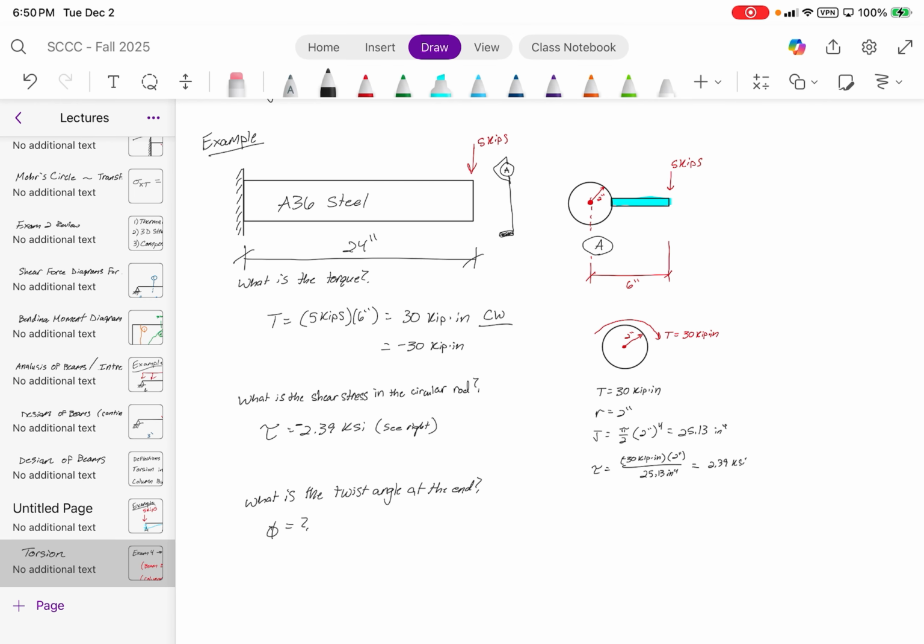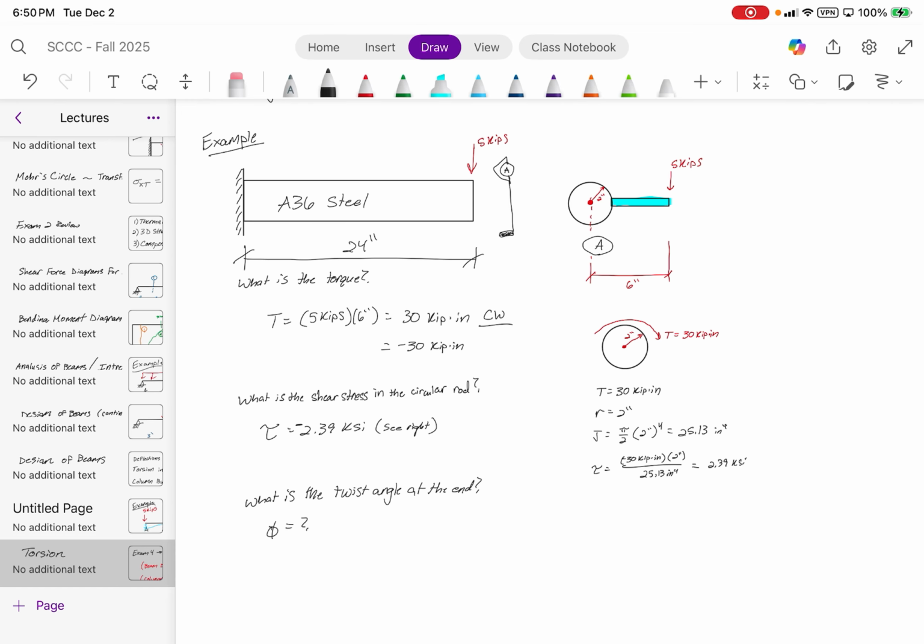I did 11.2 multiplied by 10 to the 6 to convert it to psi, or 10 to the 3 for ksi. I did both equations to check my answer, but in degrees I got negative 0.003. And it checked out to be the same, right?